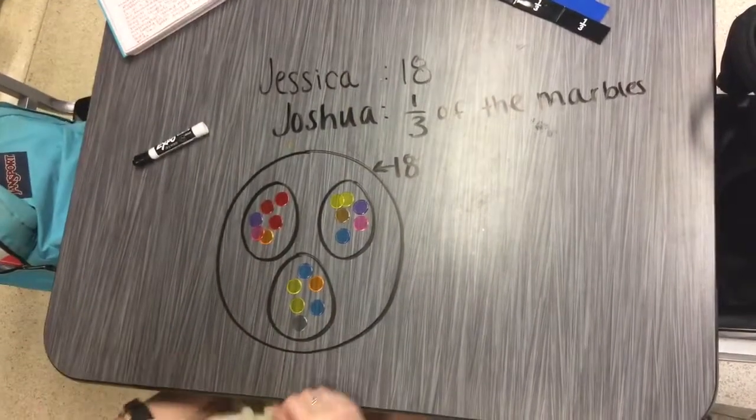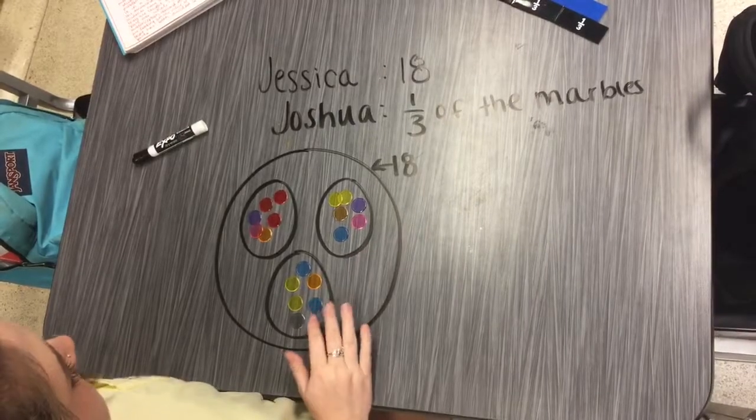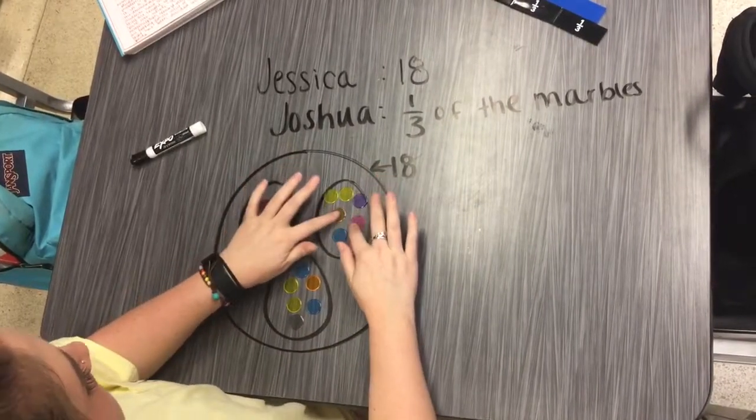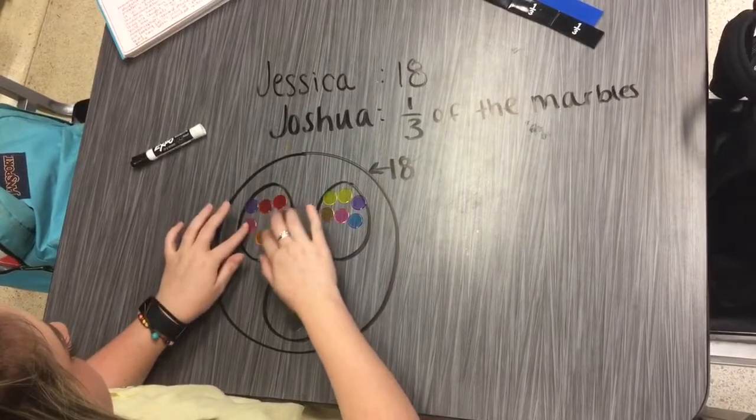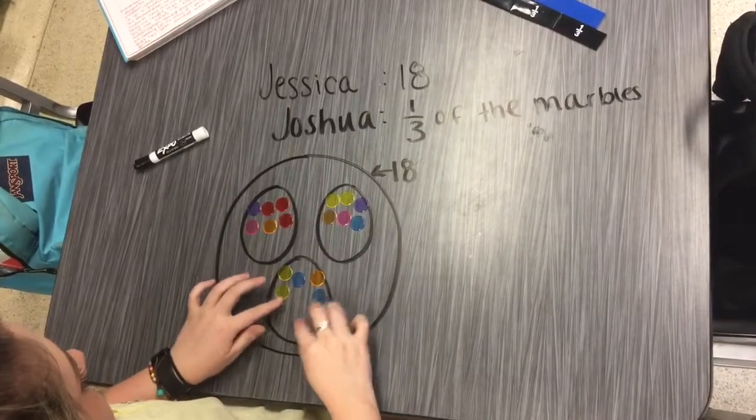Okay, so here we have 18 counters, and they're divided up equally into 3 groups. As you can see, there are 6 in each group.